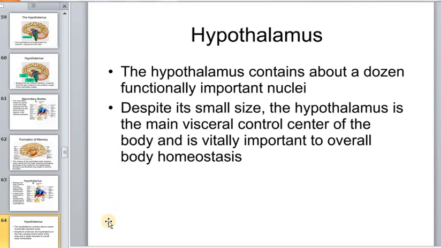Do you remember the practical about the autonomic nervous system, and we said that the main center of control of visceral function is the hypothalamus. So it is vitally important, of course, to overall body homeostasis.